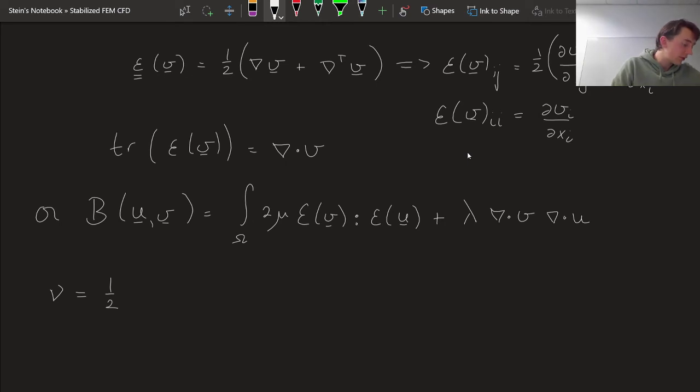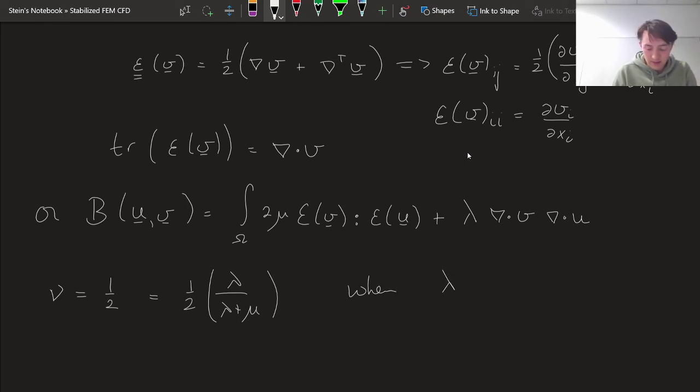The definition of the Poisson ratio in terms of mu and lambda is that nu can be written as half times lambda divided by lambda plus mu. So we see that when lambda divided by mu goes to infinity, what happens then?